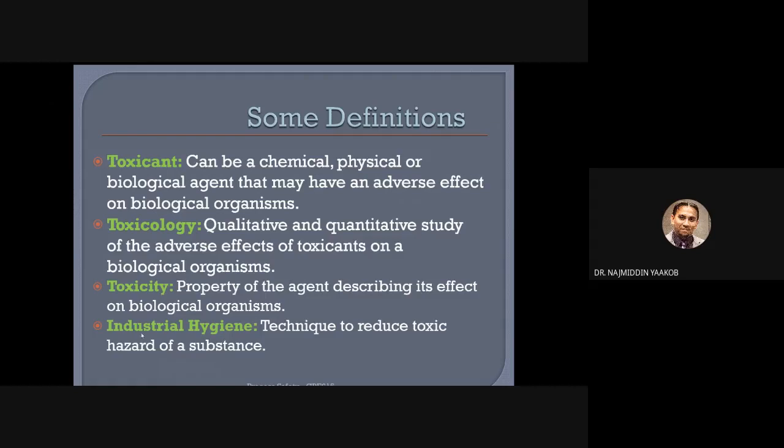The word toxicant is a chemical, physical, or biological agent. Those are the three keywords to define a toxicant that may have an adverse effect on a biological organism.